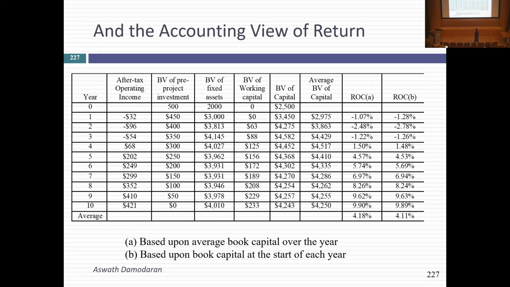The second column, book value of project investment, shouldn't that be a sunk cost? From an accounting perspective, there's no such thing, right? When I look at a balance sheet, if I've spent 50 million that was capitalized, that 50 million is part of my investment. Now you're thinking like a finance person. You're saying this is about cash flows and I don't have to spend the 50 million. But for the moment, as I said, I'm going to keep the accounting perspective.